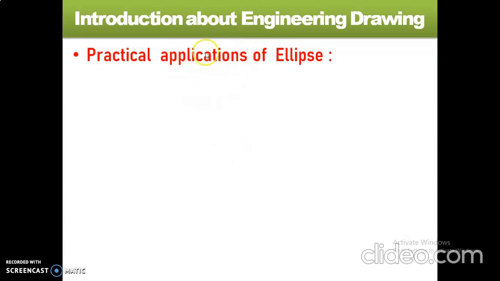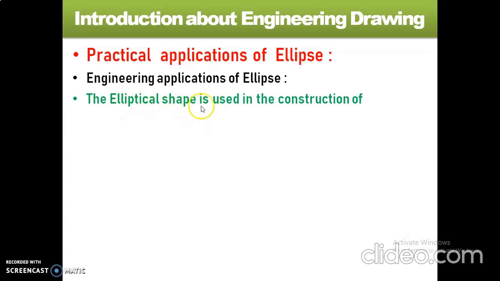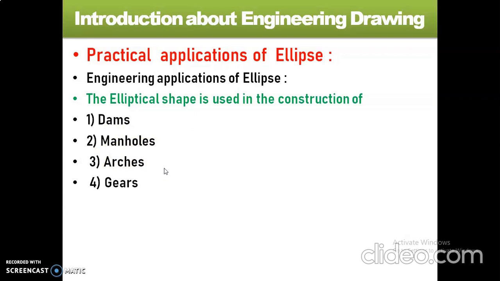Engineering applications of the ellipse: the elliptical shape is used in the construction of dams, manholes, arches, gates, water tanks, etc. So these are the practical applications of the elliptical shape.